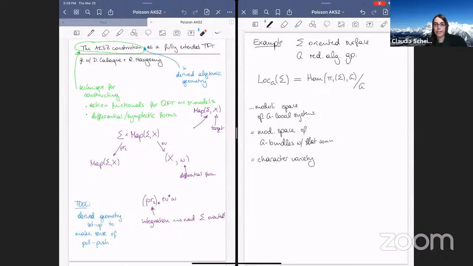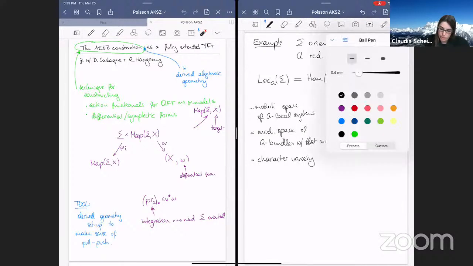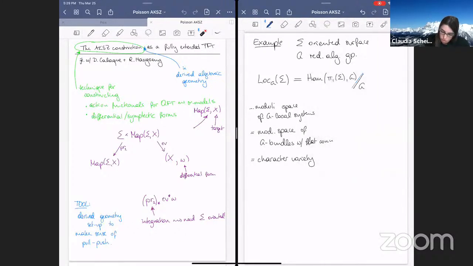So it will only be an actual variety or a nice space if this quotient behaves well. But in general, this is not a quotient that we just take as a quotient, but rather we should do something like a stacky quotient. So we should actually do something like a moduli stack. So we don't want to lose information. If we want to really have a character variety, then the action of G should be very nice. But more generally, the action of G is not that nice, and we actually have something like a character stack.